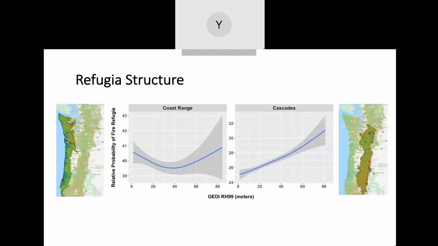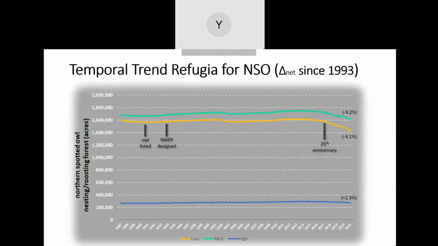So another way to say it is that the Cascades show the relationship with severity, and the Coast Range still shows the frequency, but we still need to untangle what's causing that relationship. Maybe you have any ideas or thoughts, please let us know on how to do that.